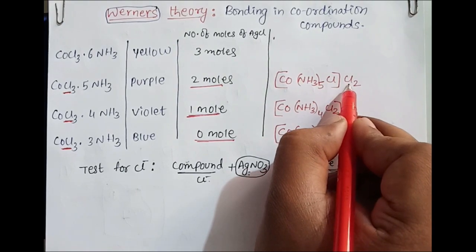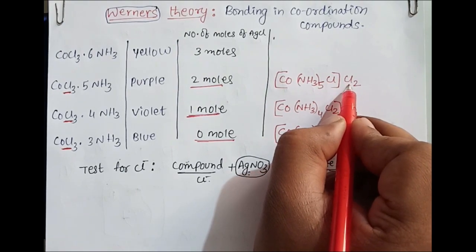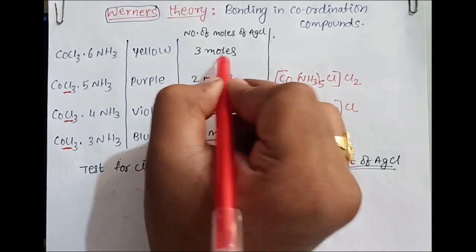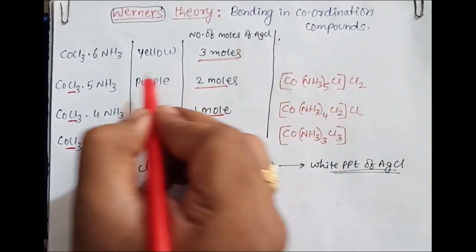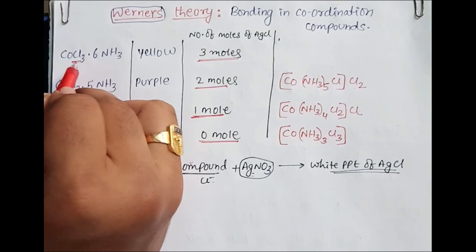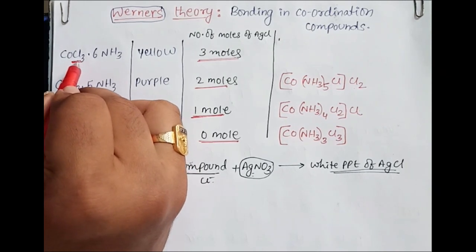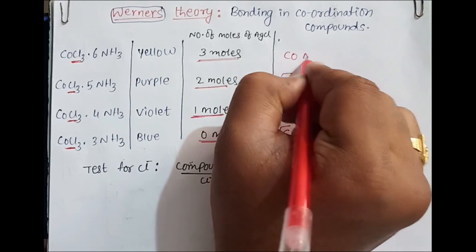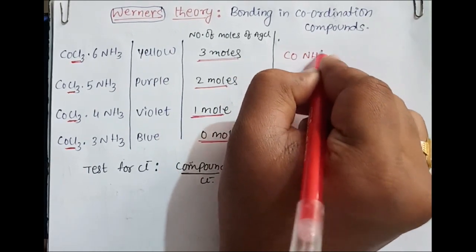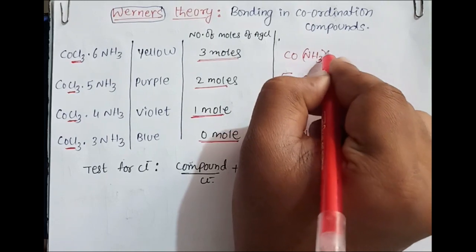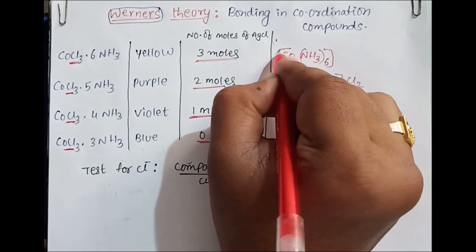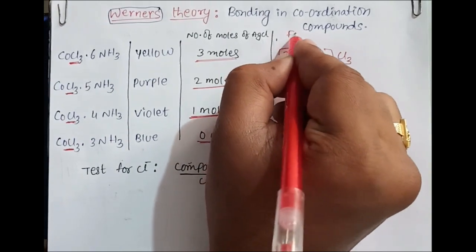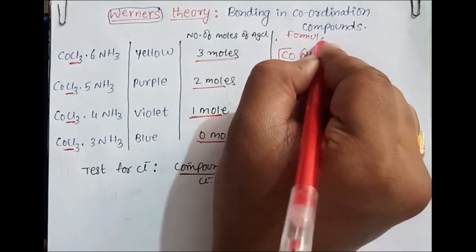That's why 2 moles of AgCl are formed. And here 3 moles of AgCl, which means all 3 chloride ions are ionizable, present outside the bracket, so you can say Co(NH3)6 and Cl3. So these must be the formulas of the compounds.